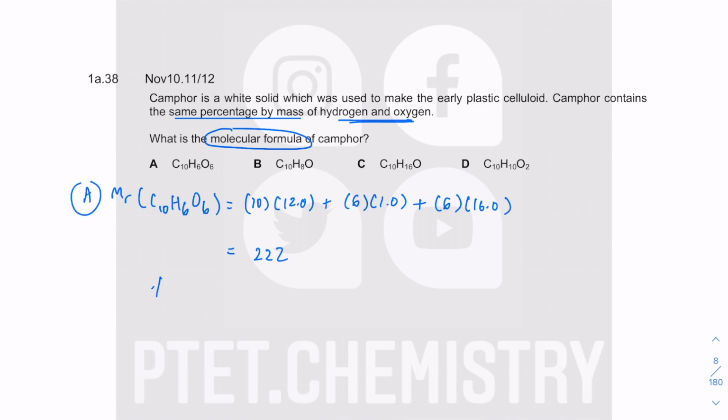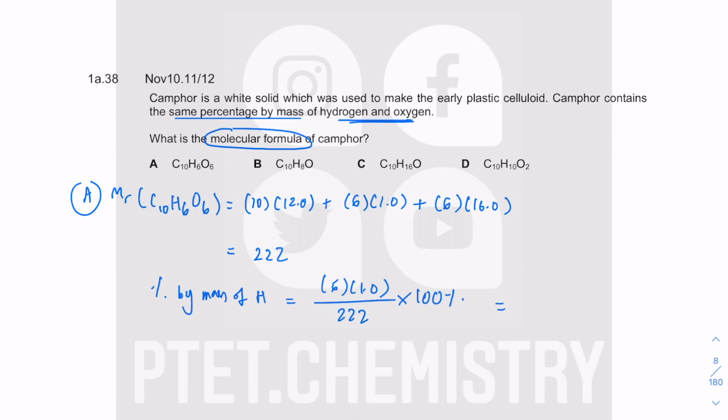So I should check the percentage by mass of hydrogen. Okay. So how in the world do I check this? Well, let's have a look at the hydrogen first. So 6 hydrogen, so it's 6 times 1.0 divided by the molecular mass, times 100%.